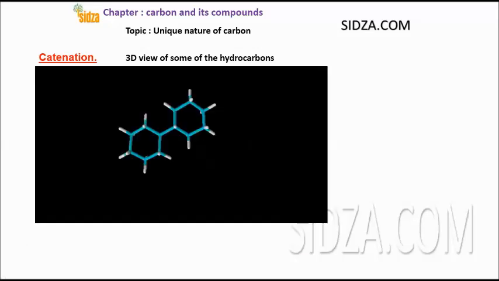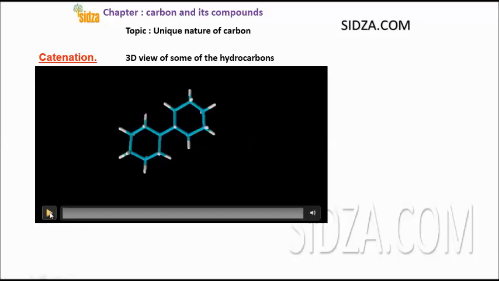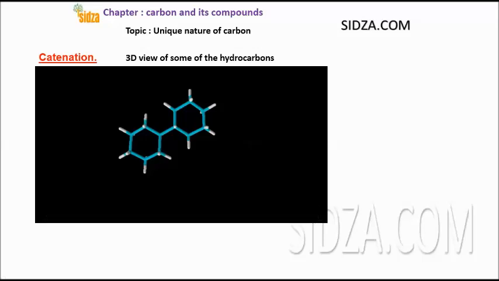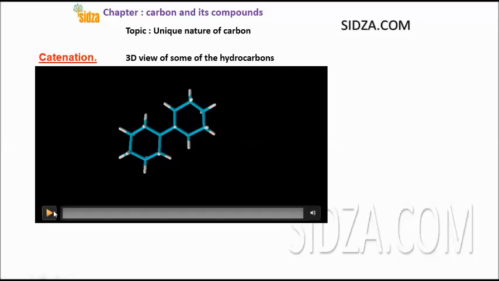Okay, this is another molecule, right? Let's have this one. See, these are the two cyclic rings together, right? This is one cyclohexane ring, this is another cyclohexane ring, and these two rings are actually linked together. So just have a 3D view of this molecule. Have a look at the 3D view of this molecule also.